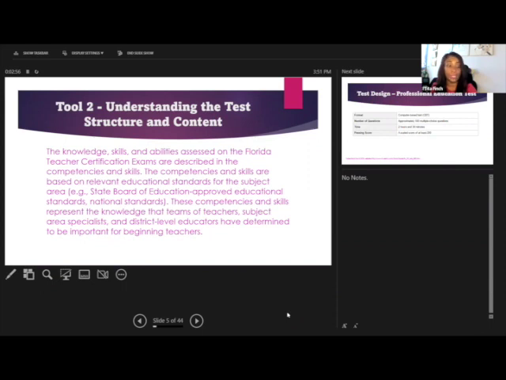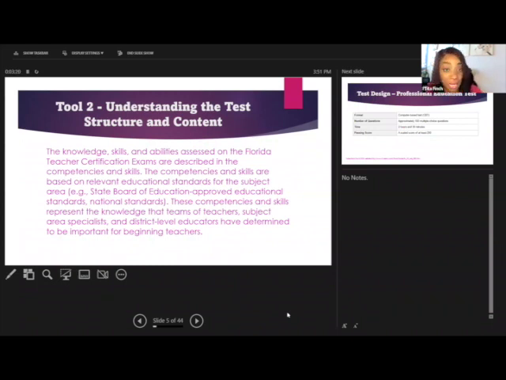The competencies and skills are based on relevant educational standards for the subject area. For example, the State Board of Education approved educational standards and national standards. These competencies and skills represent the knowledge that teams of teachers, subject area specialists, and district level educators have determined to be important for beginner teachers.